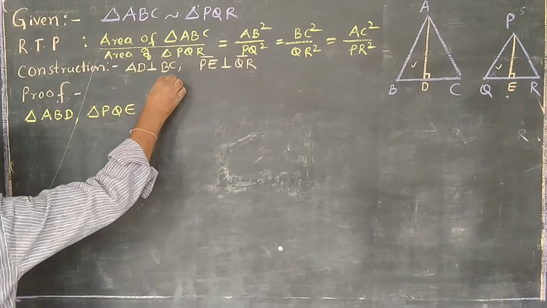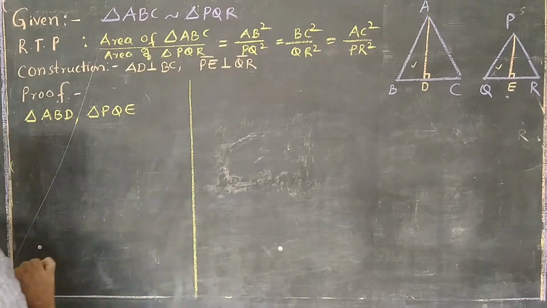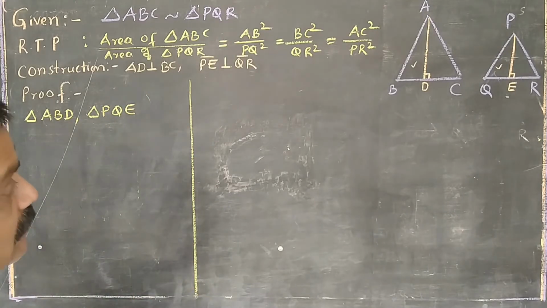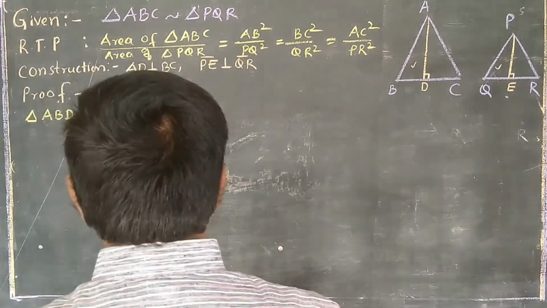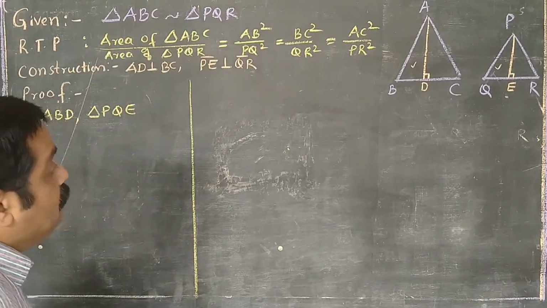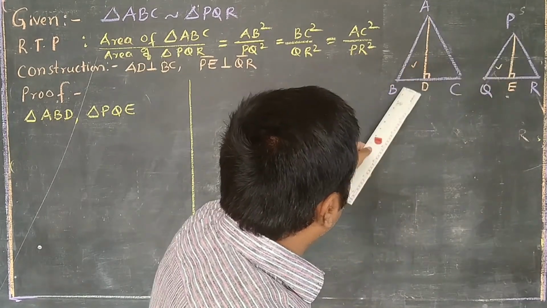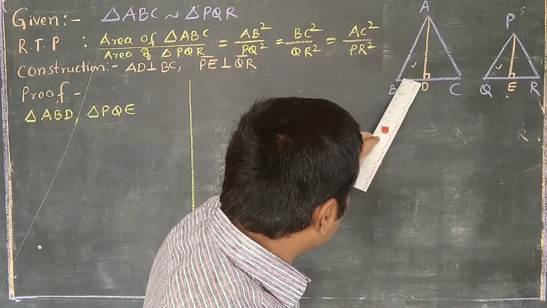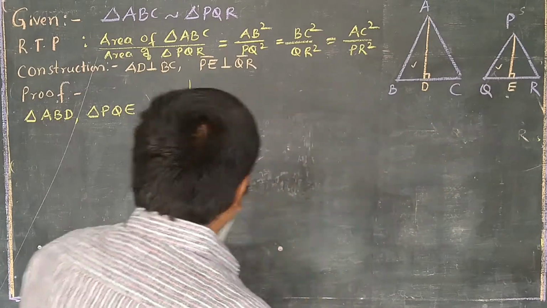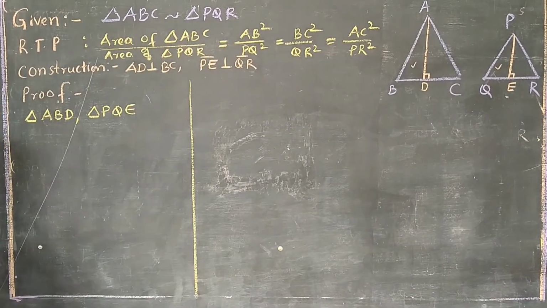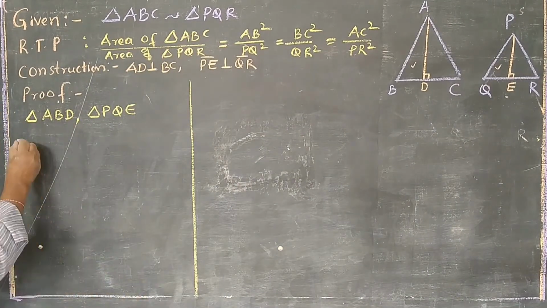When I compare these two triangles, what information do I get? In this triangle, angle B is equal to, in this triangle, angle Q, because the two triangles are already similar.